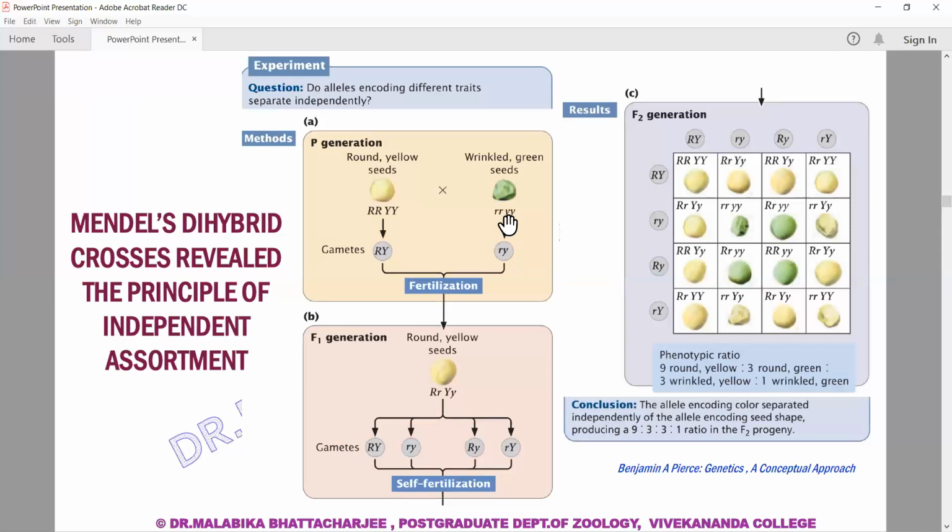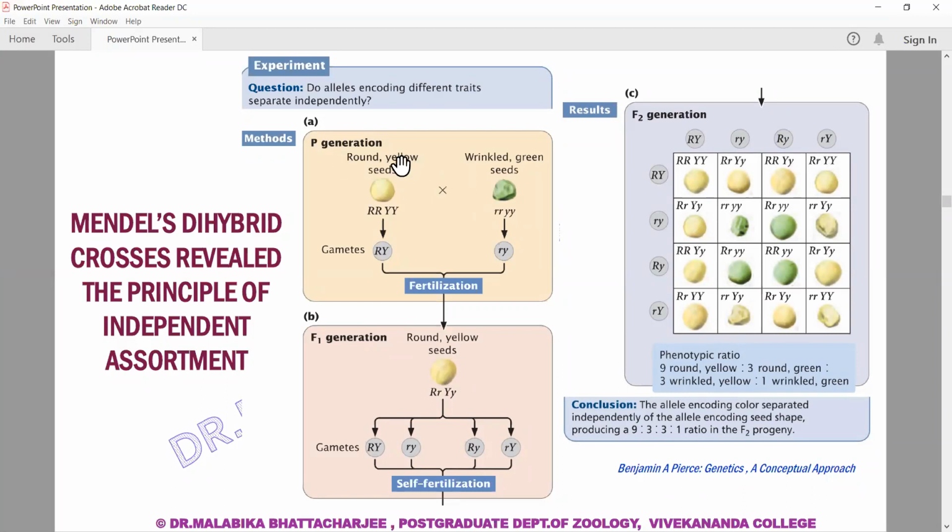But with the dihybrid cross, Mendel wanted to see: do alleles encoding different traits separate independently? There are two characters in question: one is the seed morphology, round or wrinkled, and the other is the seed color, yellow or green.